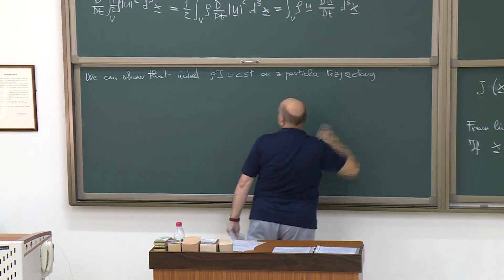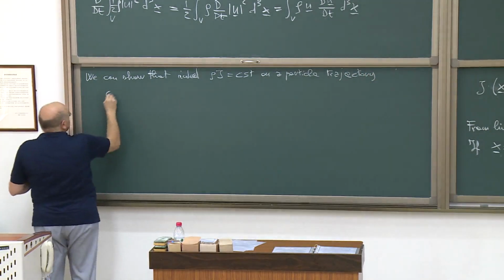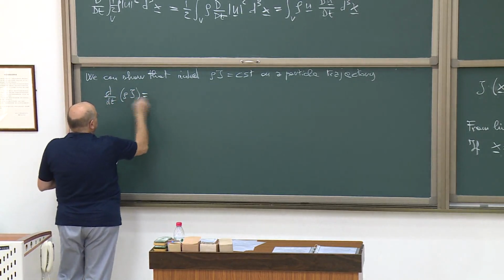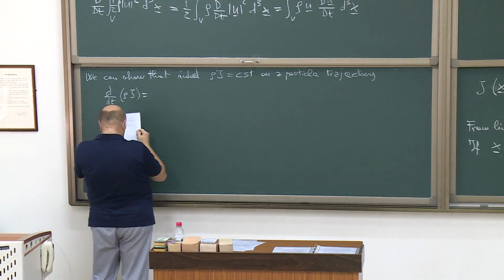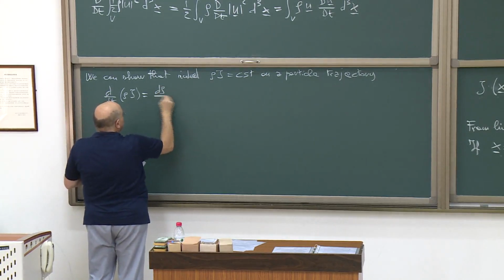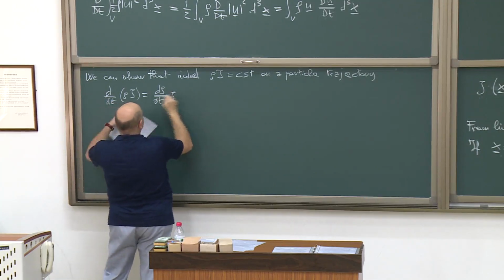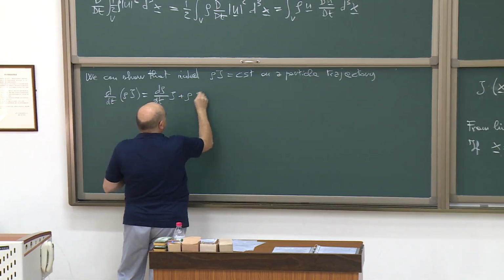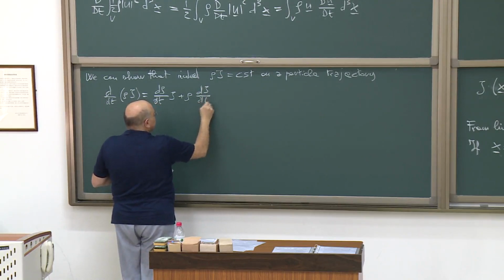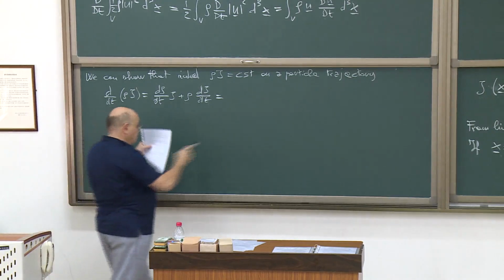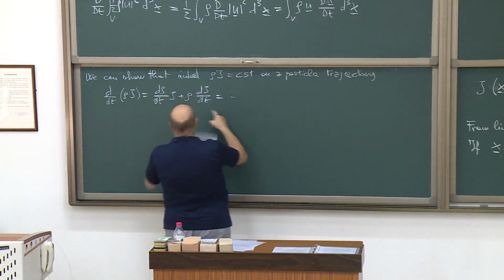And this is also a little remark, d dt of rho J. We perform just derivatives here: d rho dt times J plus rho dJ dt. We convert this in a Lagrangian form, and we use the usual condition.